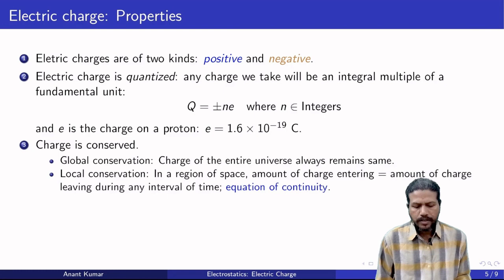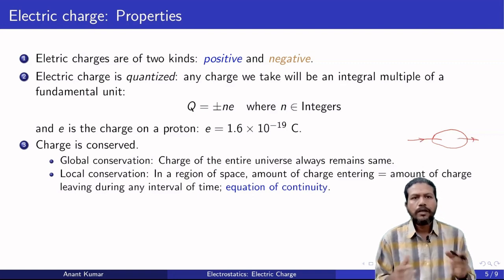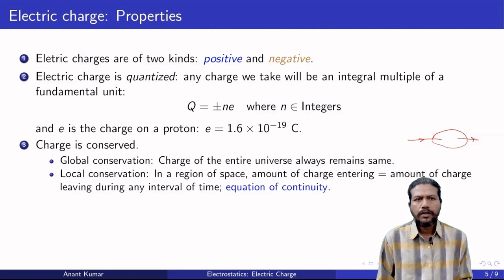Basically, whatever charge enters a region of space and whatever goes out in a certain time interval should be the same, assuming that in this region there is no build-up of charge or leaking of charge. Whatever comes in must go out. The mathematical form for this fact is known as the equation of continuity, which we shall be studying in current electricity.